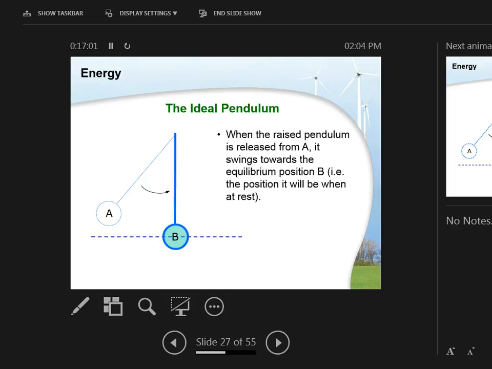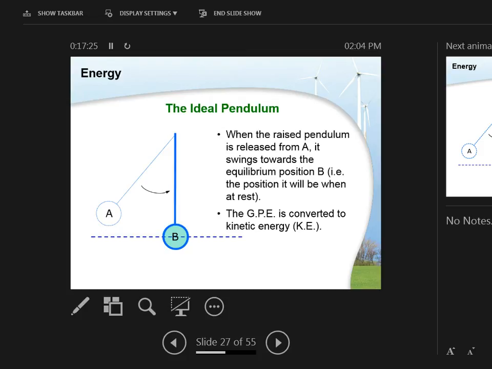When it's released from A, it swings towards the equilibrium position, which is at B, and the gravitational potential energy earlier on is converted to kinetic energy. Why do we say it is converted? Because earlier on, your gravitational potential energy at A, right?